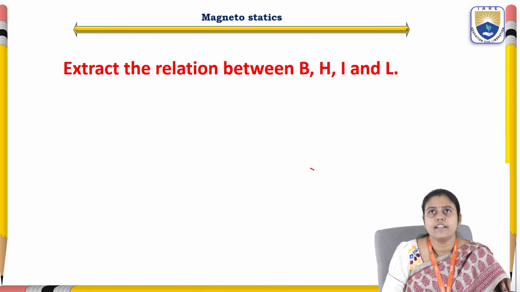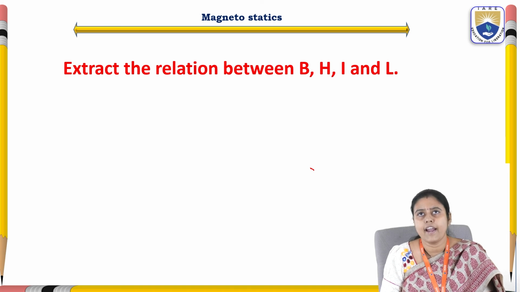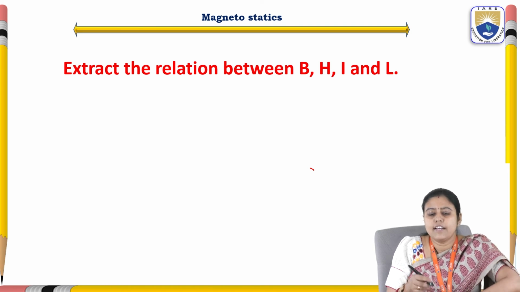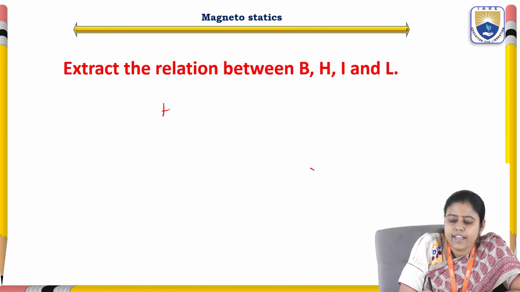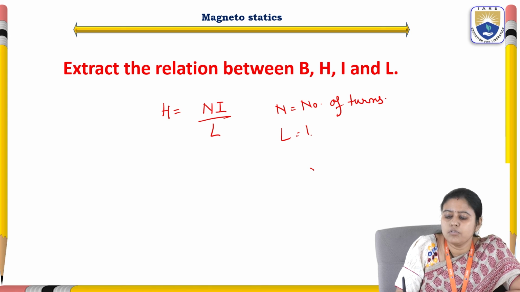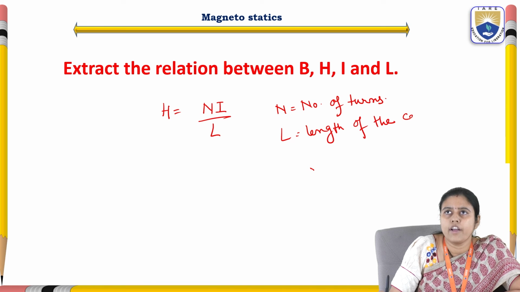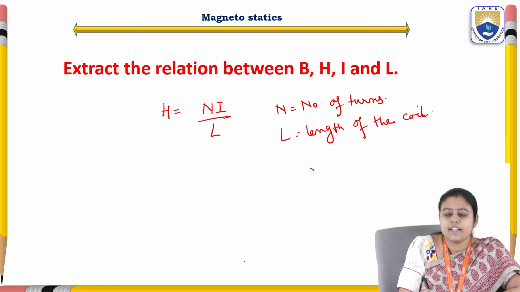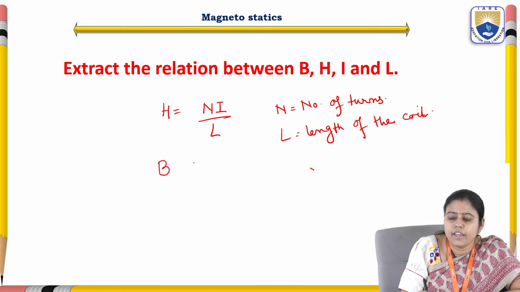Next, extract the relation between B, H, I and L. I have discussed this many times in the previous slides. Just I am writing here that H is equal to N I by L, where N is the number of turns and L is the length of the coil. What is the relation between B and H?